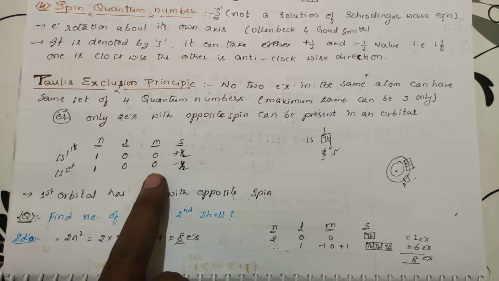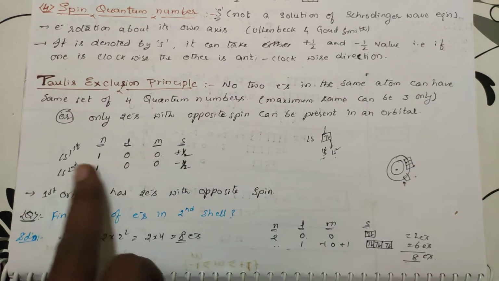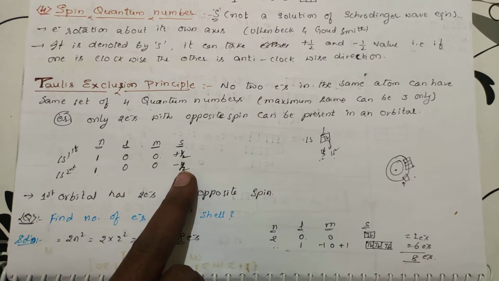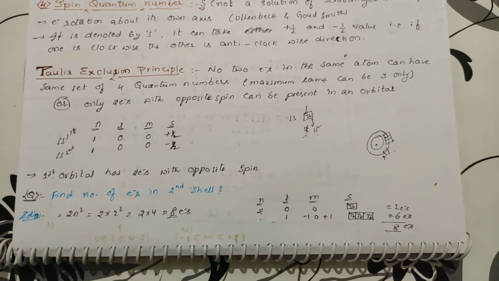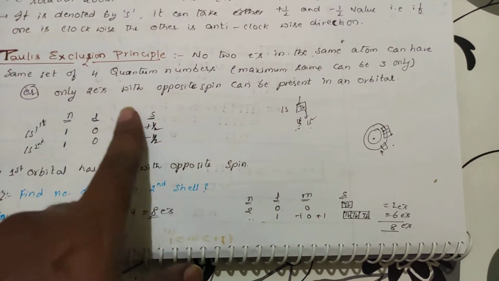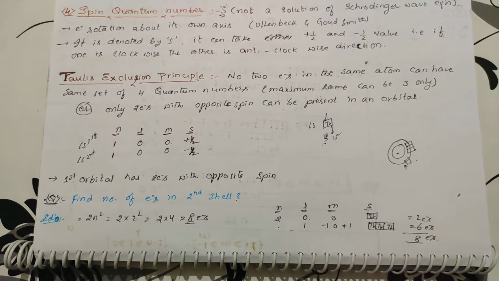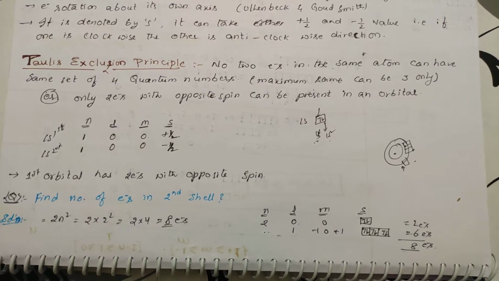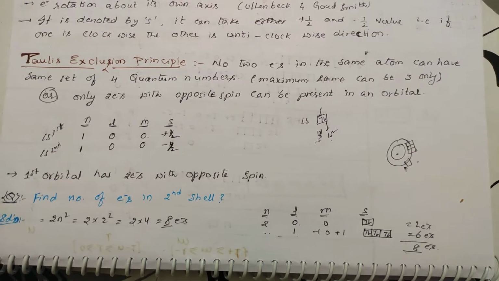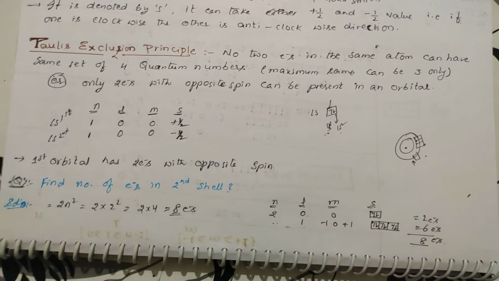Here, one electron moves in the clockwise direction, and the other electron moves in the opposite direction. If all are the same, at least the spin will be different. That is what Pauli's exclusion principle says: no two electrons in the same atom can have all 4 quantum numbers the same. Maximum you can have the same 3 quantum numbers. That is the example I have given.